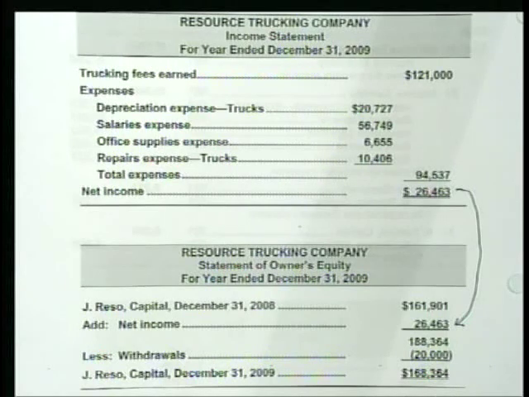It looks like in this particular situation that the owner did not invest any additional assets during the month of December 2009. Any questions on that income statement and equity? You should still be able to know how to do that. That should totally be review.